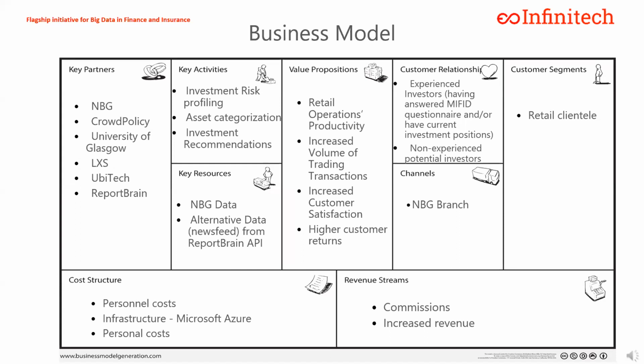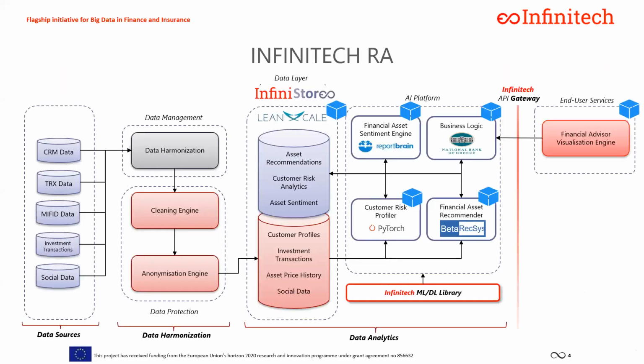Now, in this development, of course, National Bank of Greece is not alone. We also have the support of Crowd Policy, University of Glasgow, LXS, UBTech, and Report Brain. To understand the structure, we've got various data sources.